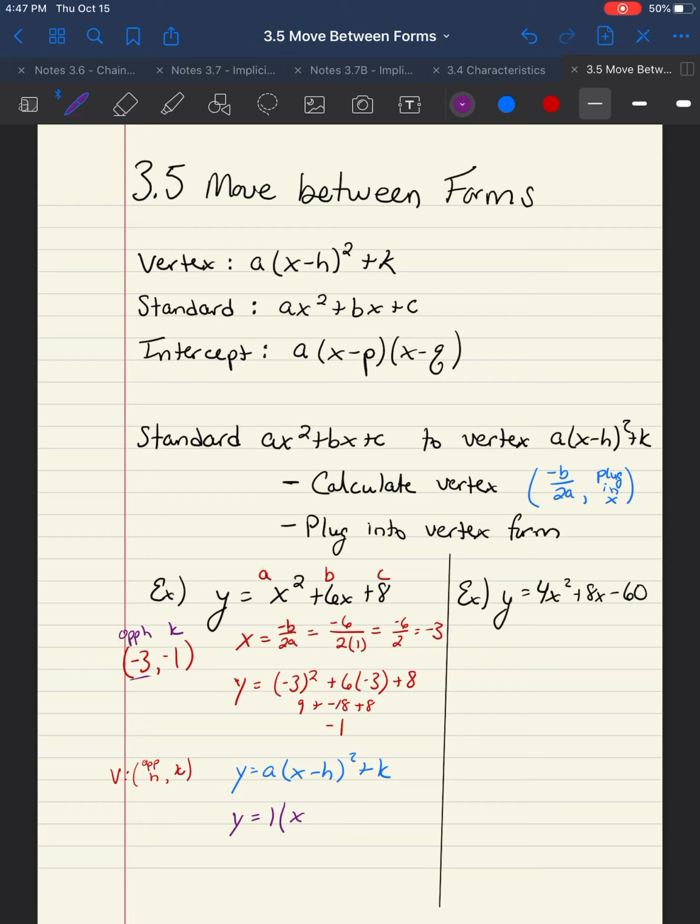So I get y equals, what was the a of my original problem? 1 times x minus h, but h we always do the opposite of, so if my vertex is -3, the opposite of -3 would be +3. Plus k, but my k is -1.